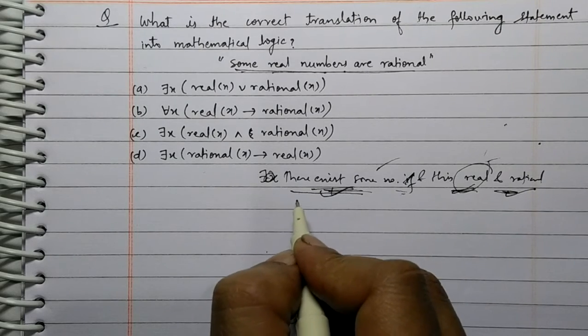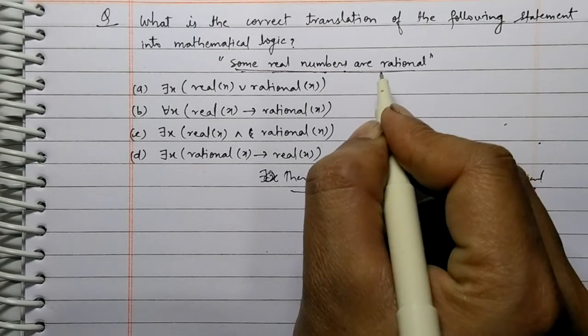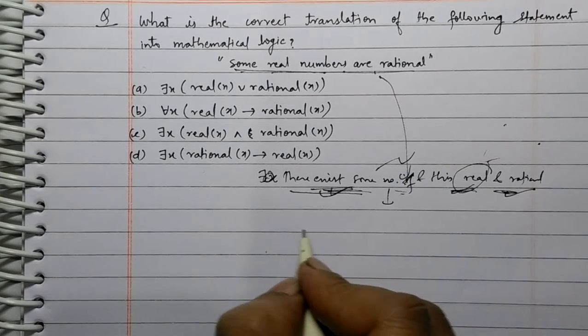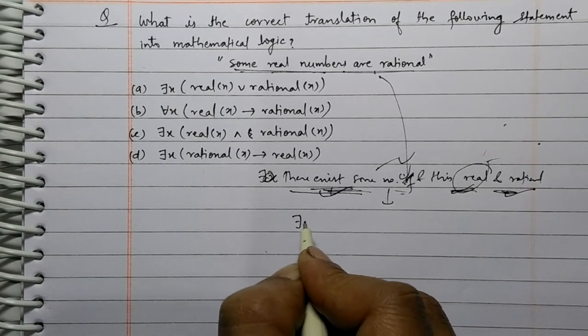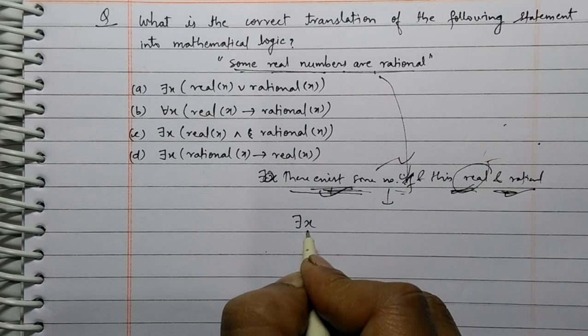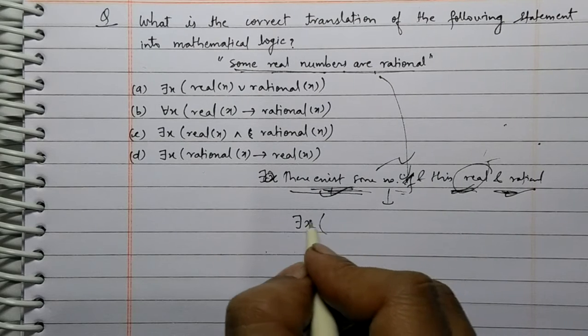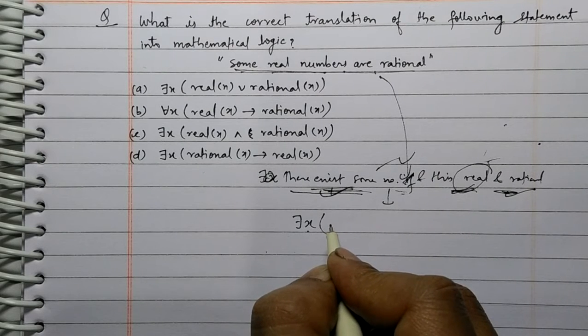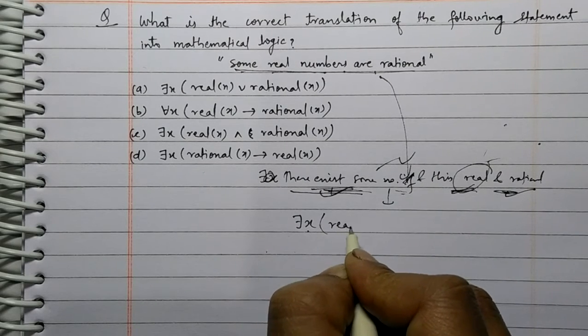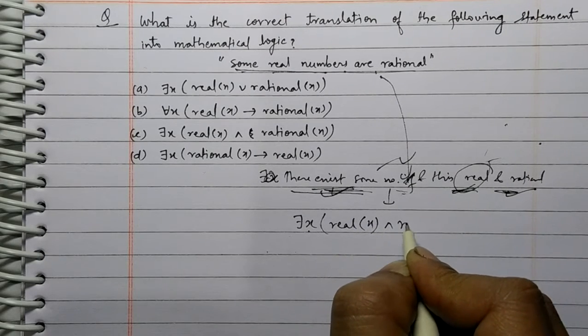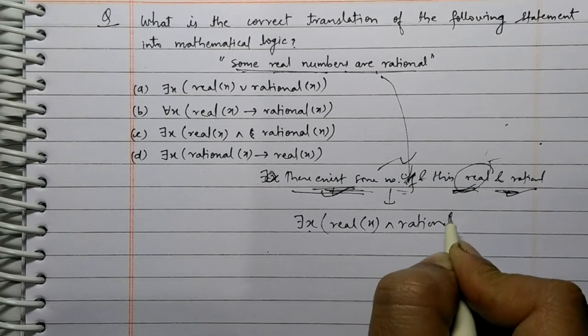So I can convert this statement to this statement first, then from this we can write there exists a number x such that x is real and x is rational.